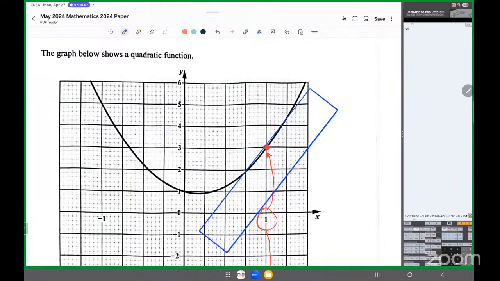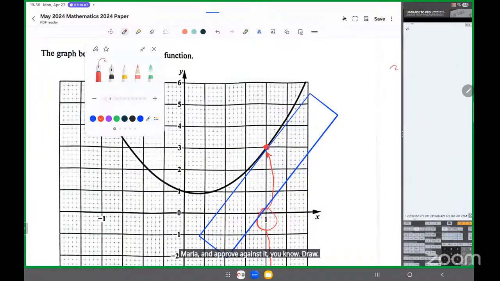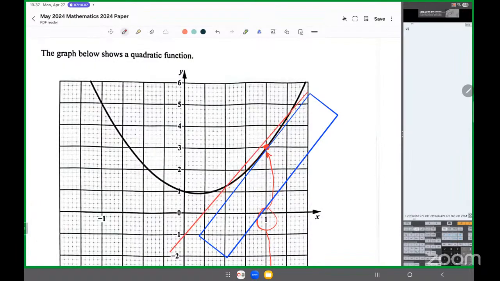Line up a ruler right against it, so you just touch it. And then when you line up a ruler against it, you just draw the tangent line down against it like this. You must just touch it though.